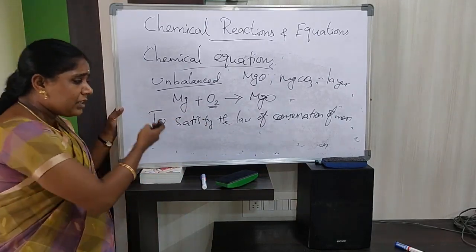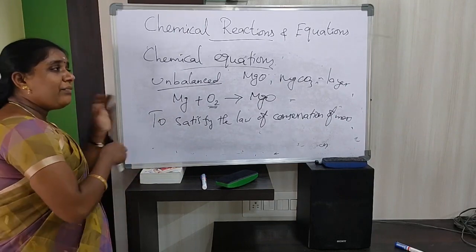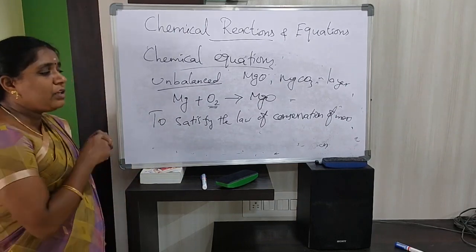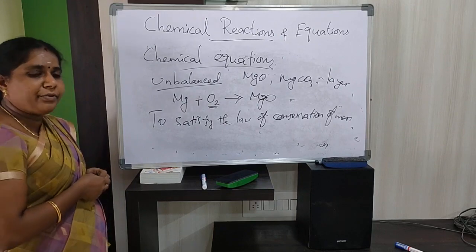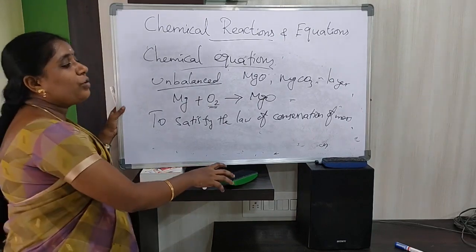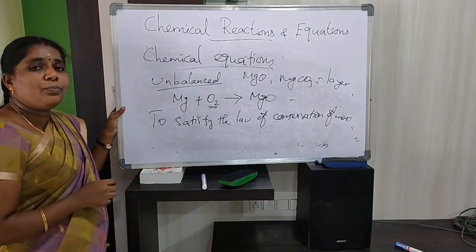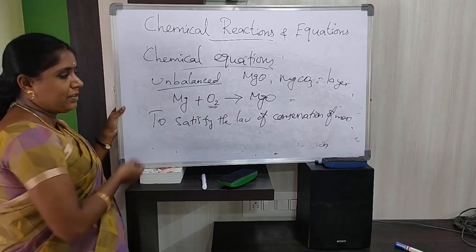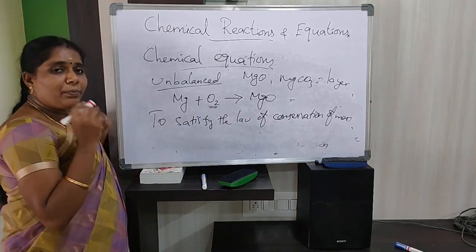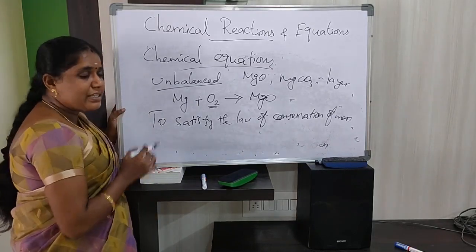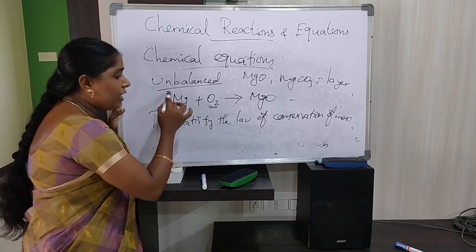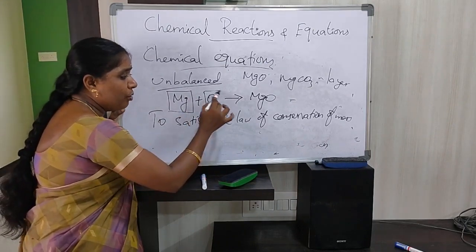Now come to this point. Why do we need to balance a chemical equation? To satisfy the law of conservation of mass. So how will you balance? By using the hit and trial method. Keep one point in your mind: while balancing a chemical equation, you should not change any symbols or formulas.